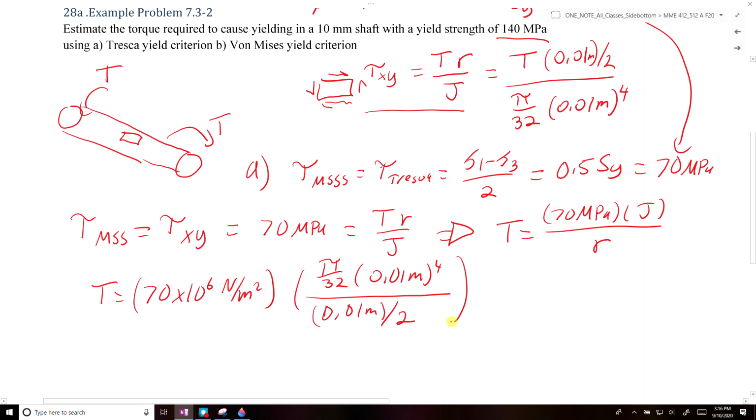If we simplify all this down, we end up getting 70 pi over 16 Newton meters, which is 13.7 Newton meters.